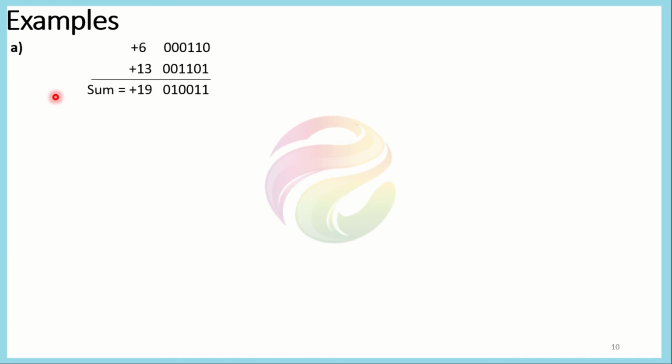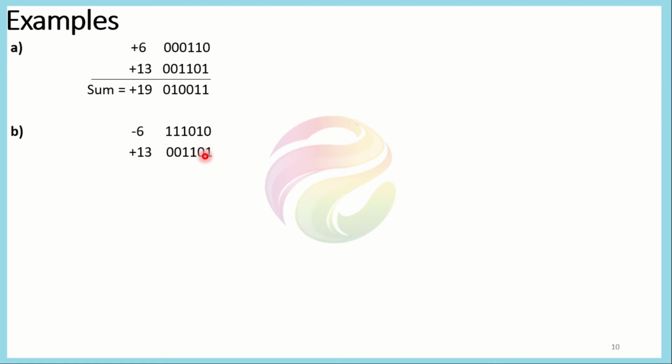Now we simply perform the addition. For clarity, we have also done the decimal part here. We have done this similar part many times. We keep adding column-wise, which gives us this result, equal to plus 19, and this is quite clear from the decimal part too.